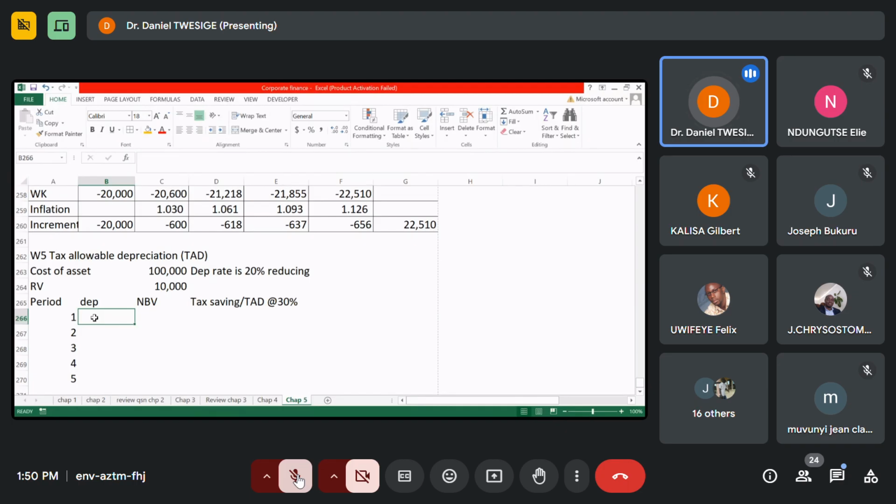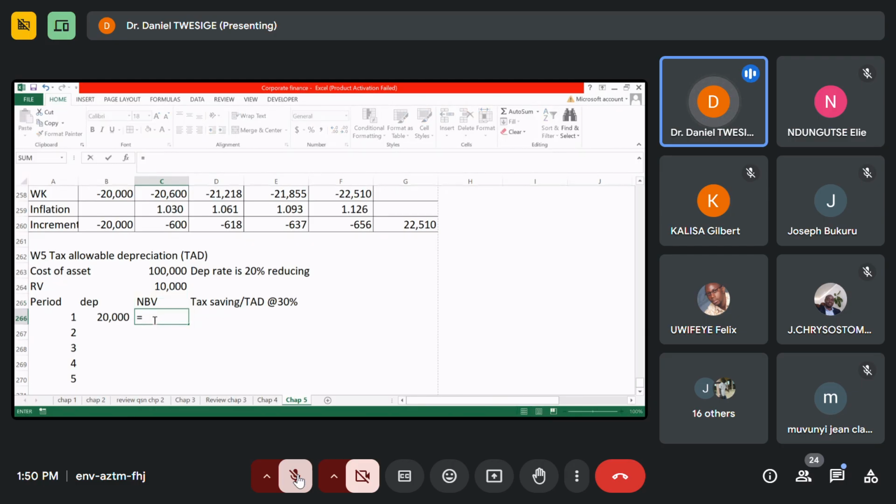Because we are depreciating on reducing balance, in my year 1, I depreciate on cost. That is going to be 20% times the cost of the asset, which is 100. That is year 1. So what will be the net book value here?